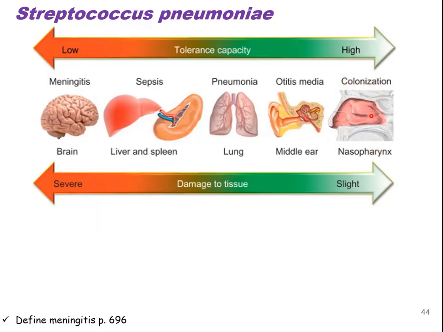They can also go from the nasopharynx to the middle ear and cause a middle ear infection, otitis media. They can cause pneumonia, and if they spread in the bloodstream, we get sepsis, which can damage organs, and they can also cause meningitis. So a whole host of infections can be caused by Streptococcus pneumoniae, depending on the strain, where it is, and the collateral damage by the immune system.